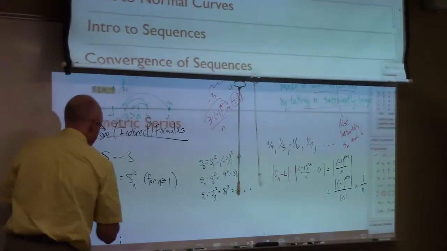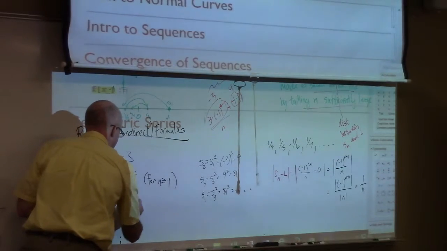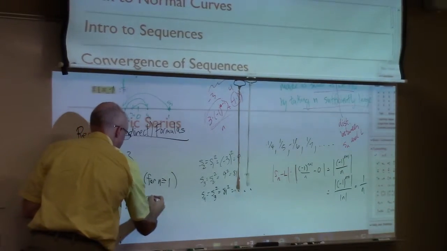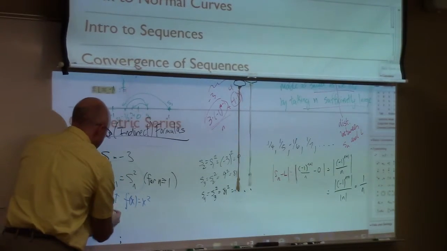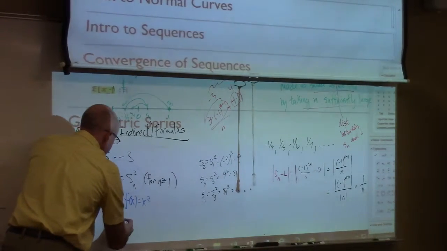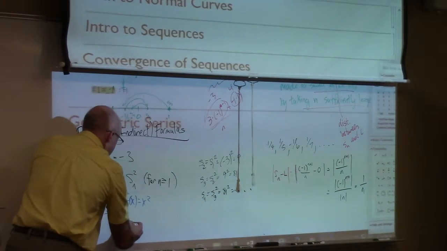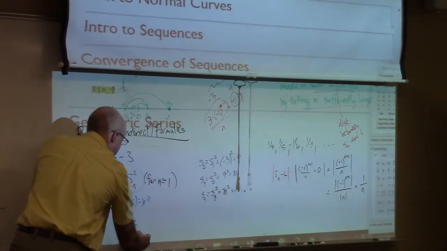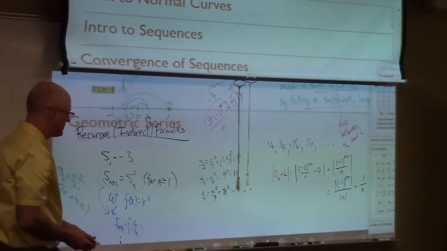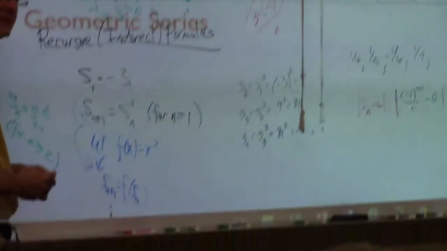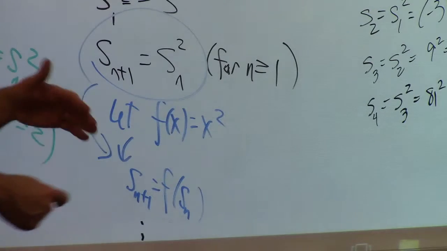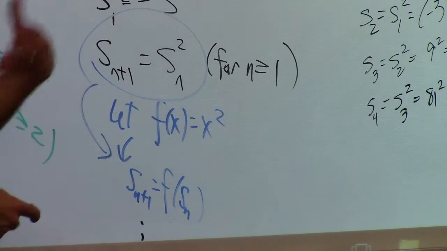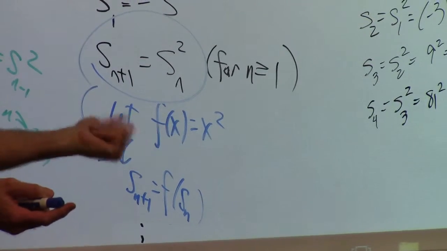Well, with this example, if I let f of x equal x squared, then this equation right here is equivalent in this situation to S_{n+1} equaling f of S_n. I can use the function x squared to do my iteration. By the way, when you use a recursive formula over and over again, it's often called iteration.